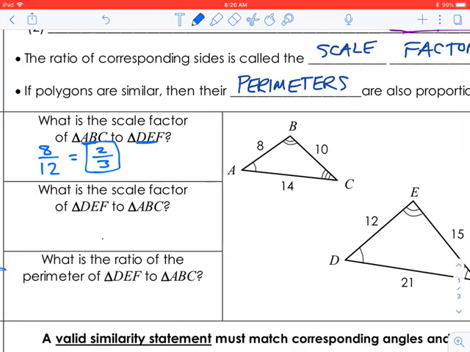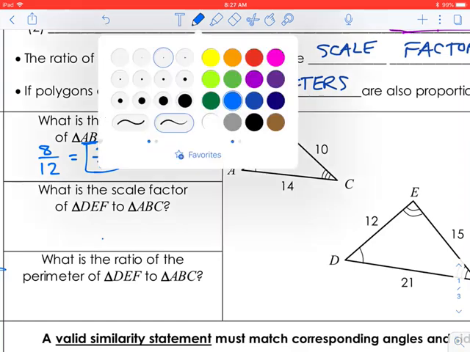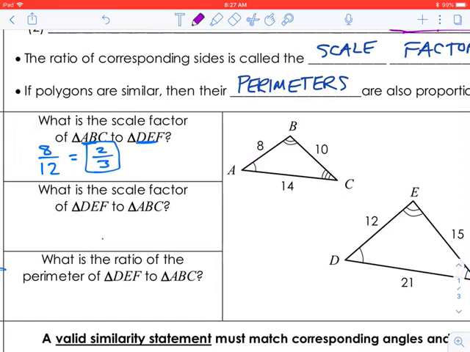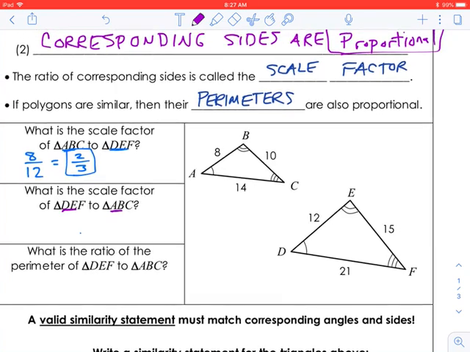Well, let's look at the scale factor of DEF to ABC. I'm going to look at the first two again. So DE is 12, AB is 8. Again, divide by 4, you get 3 over 2. So you can see the scale factors are the same, but depending on which triangle's first, the scale factor is going to be flipped around.